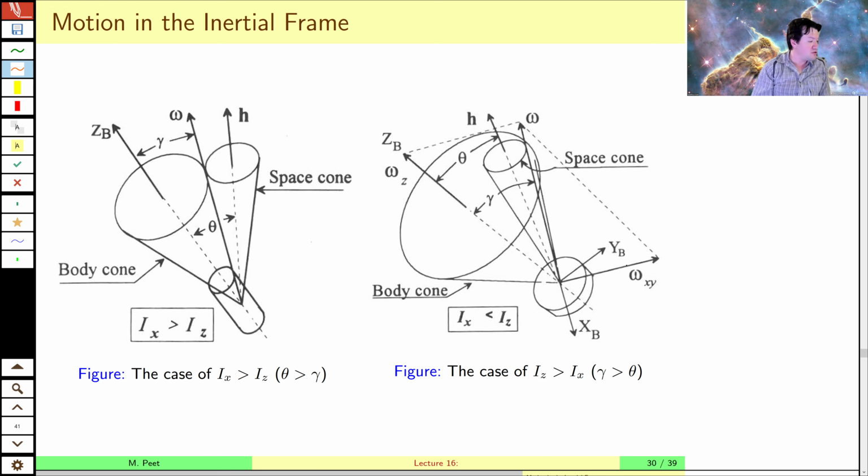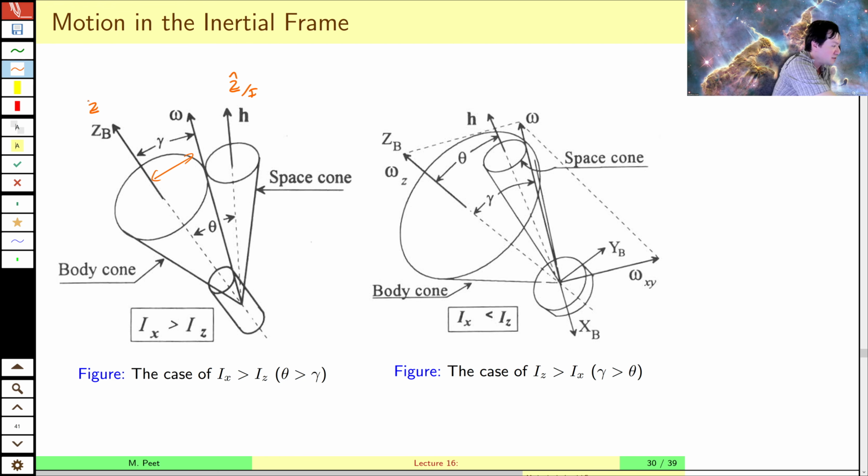So this allows us to define our cones, our space cones. In here we've got the orientation of the body fixed z-axis with respect to the angular velocity vector and the angular momentum vector. So this is the z-axis in the inertial space.